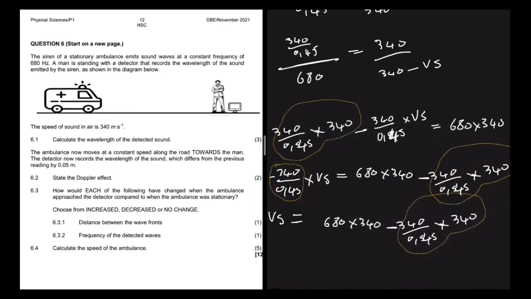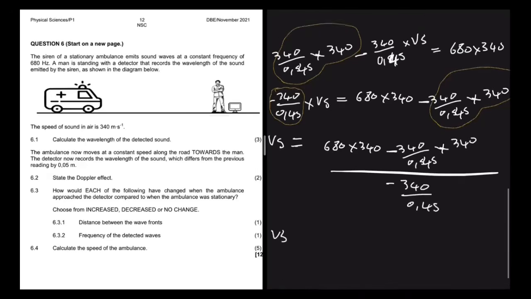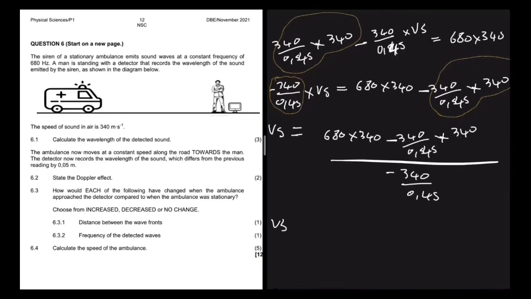So now I have Vs equals this expression divided by minus 340 divided by 0.45. And now I can put this entire expression in the calculator and determine Vs.